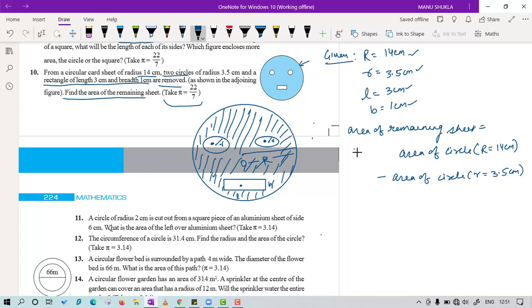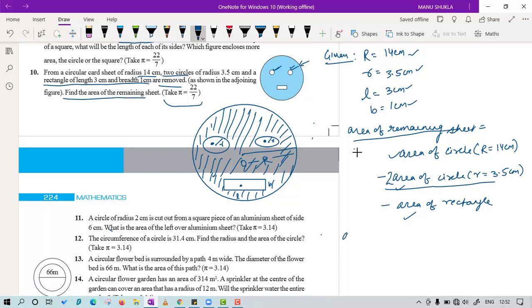If you observe, there are two circles of the same radius, so we put 2 in front of this. That means we multiply the area of one circle by 2 to include both the circles, minus the area of the rectangle given to us.